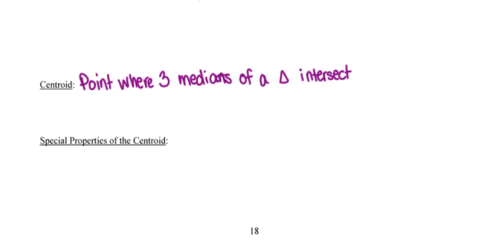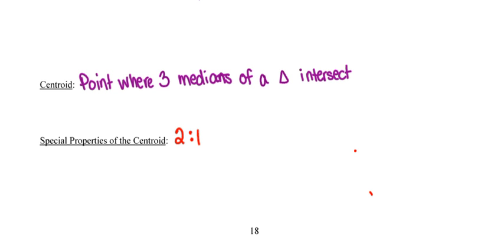I think probably the easiest way for kids to remember this is that the centroid has this whole idea of a 2-to-1 ratio going on. In other words, the distance from the centroid to a vertex is always going to be twice or double the length of the distance from the centroid to a midpoint.